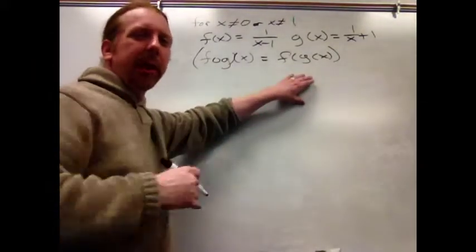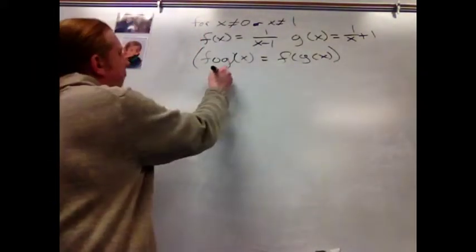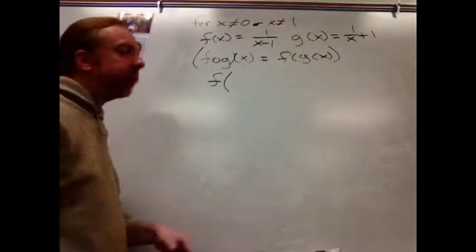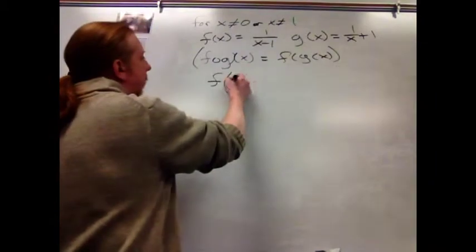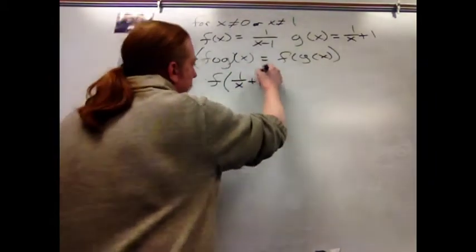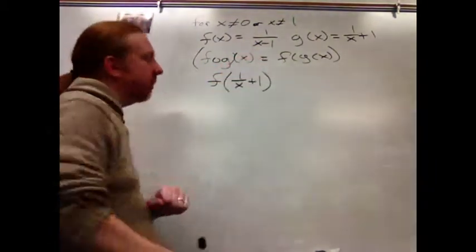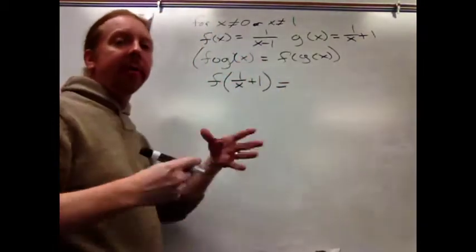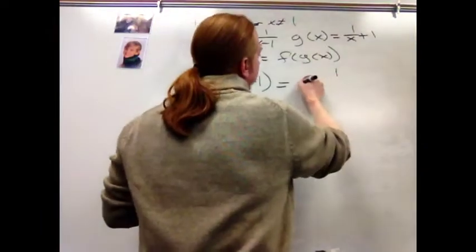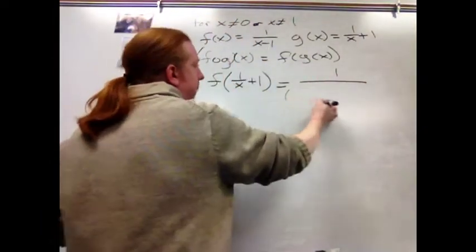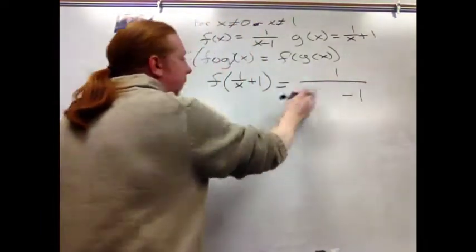So let's begin by doing that substitution. I'm going to take my f function, and I'm going to plug in what the g function is. So I'm going to plug in 1 over x plus 1 into f. And to facilitate it, I'm going to go ahead and write out everything that's not the x. So 1 over my variable minus 1. Now what is that variable?